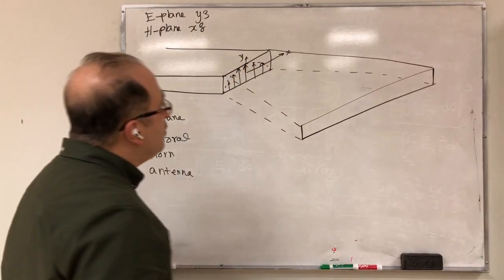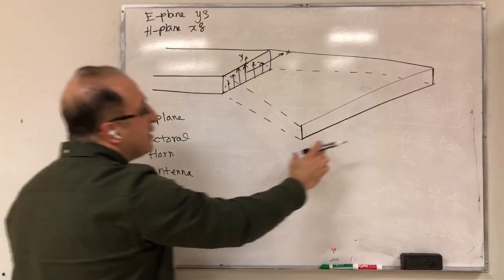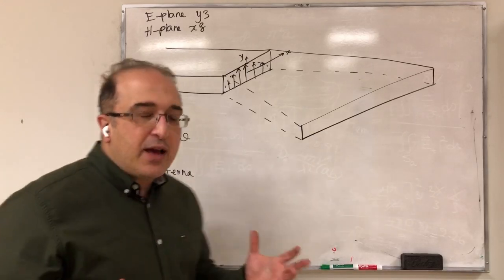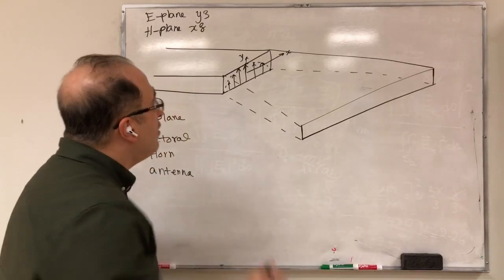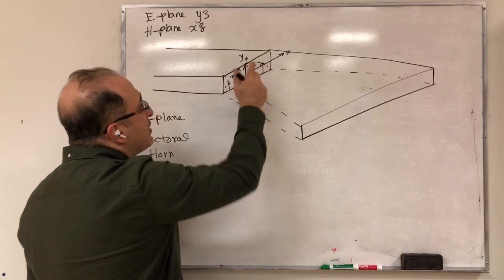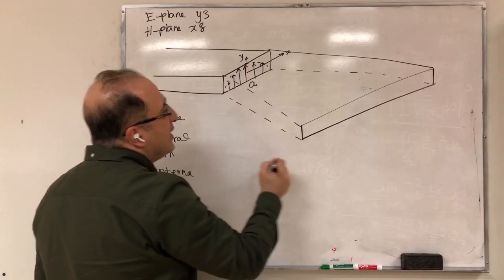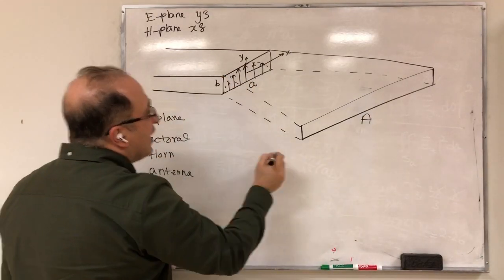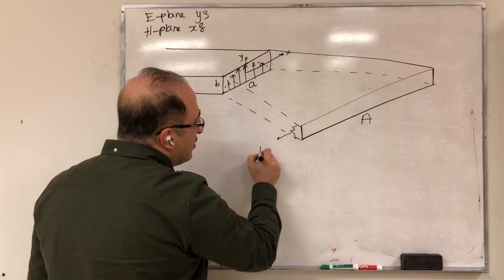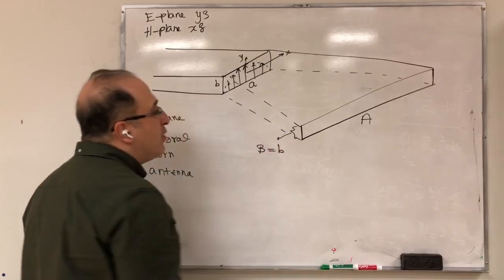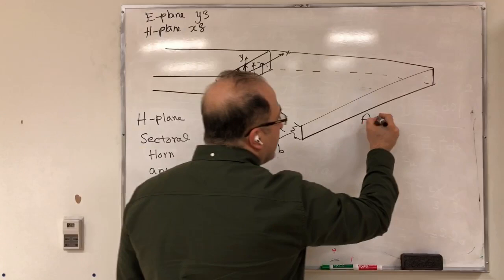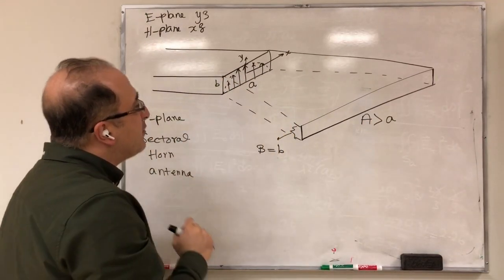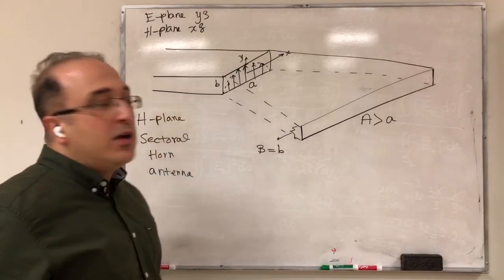Now, if you look at this antenna, the main effect here is that, remember, the size of the aperture affects the directivity. Here, this is the size of the aperture. Let's call it a small a. Here, I have capital A, and this is your B, and the new size here, let's call it capital B, but this is going to be equal to b. But the capital A is going to be greater than a. So I'm going to use a small a and a small b for the waveguide, and capital A and capital B for the horn.